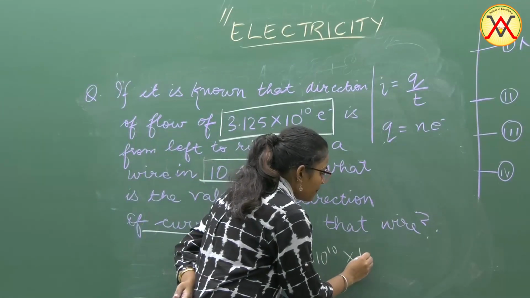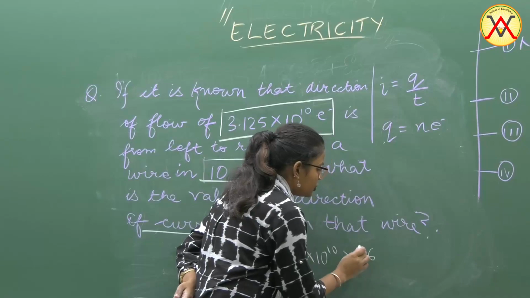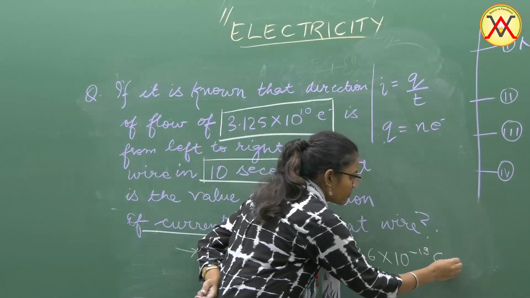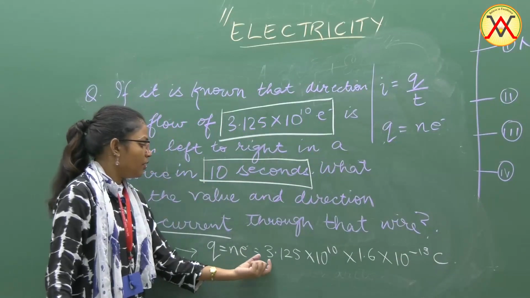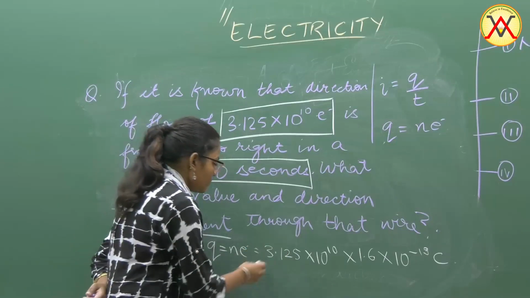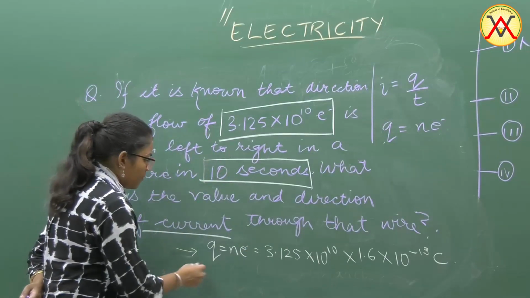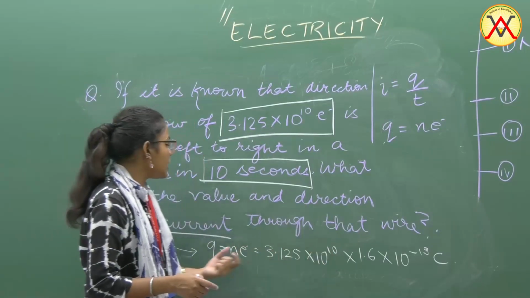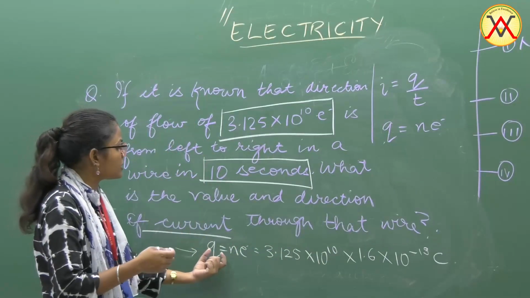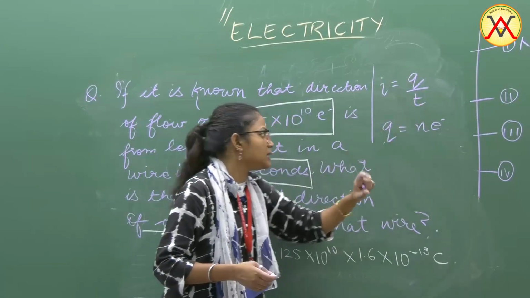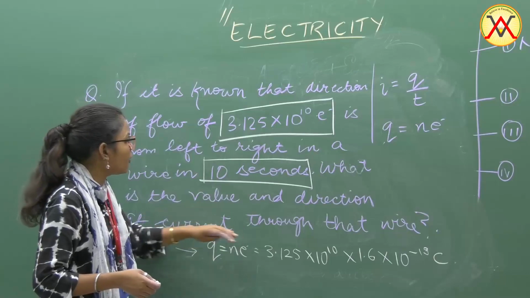E, that is charge on one electron. Okay, this is our total amount of charge. Alright. If this is the total amount of charge, what we need to do? We need to just substitute this value in this expression I equals to Q by T to get the value of current.